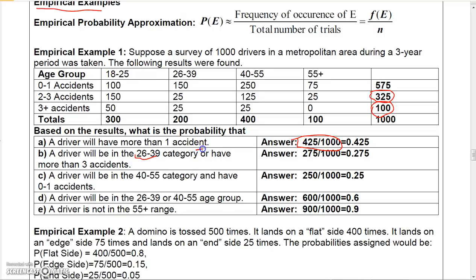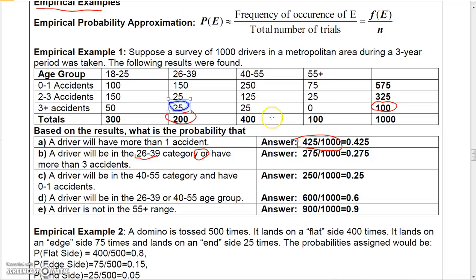And then what about the probability that a driver will be in the 26 to 39 category, or, and remember or is associated with union, have more than 3 accidents. So we really want the probability of the union of these two events. Remember, the addition principle says to find the number of elements in a union, we add the number in the first set, which for 26 to 39 is 200, and then the elements in the second set, more than 3 accidents, which is 100, and then you take away the number of elements in the intersection, and this 25 is in the intersection.